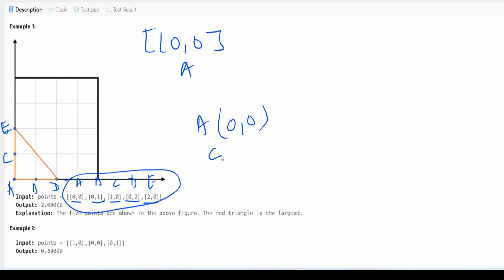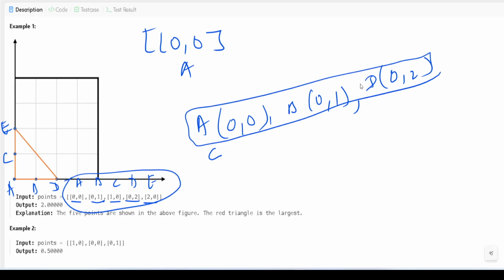Then we have C going in the y direction, and the others we get are 0, 1 and 0, 2. So B is 0, 1, and D is 0, 2. These are all on the axis, and A is the common point, so C and E are in the y direction. So this is what we have been given.